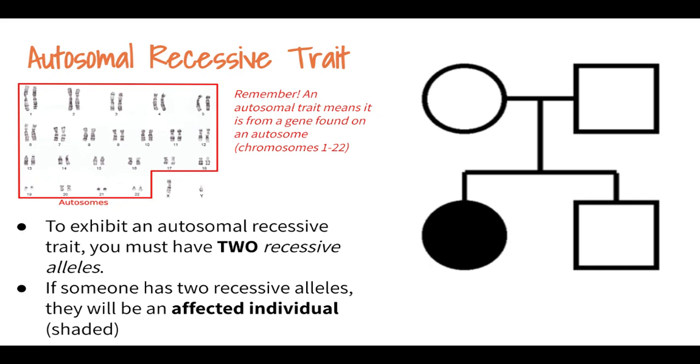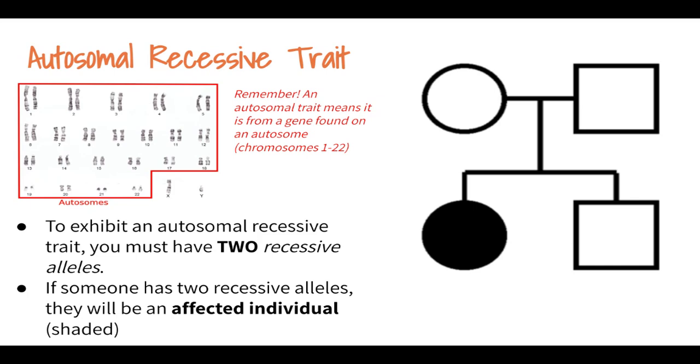To express the recessive trait, you need two recessive alleles, so somebody who is affected is homozygous recessive. I am going to show you with this example how to label everything within a pedigree, like you will have to do.